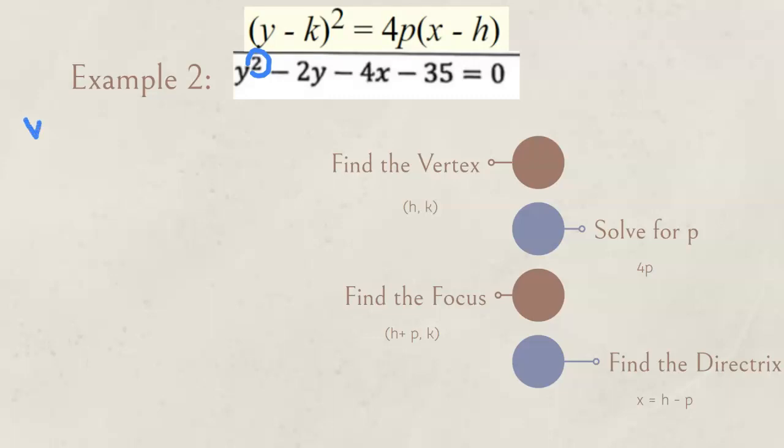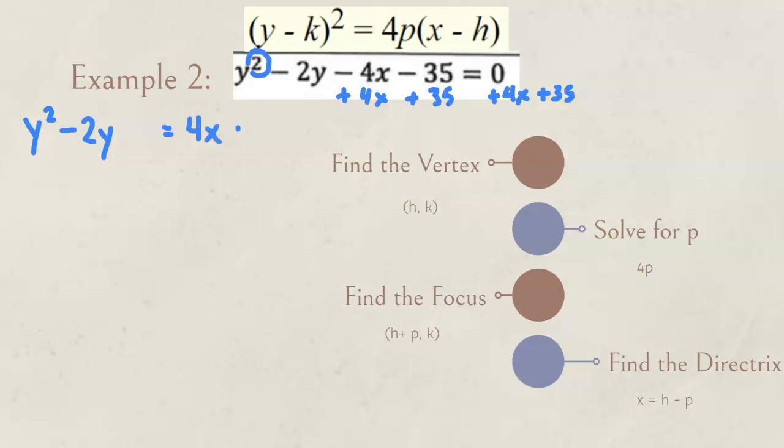What we're going to do first is move all of the terms except for the y terms to the other side of the equal sign. So I'm going to add 4x and I'm going to add 35 to both sides of my equation so that this only has y's on one side, and that's it.